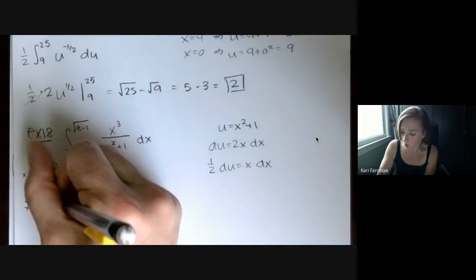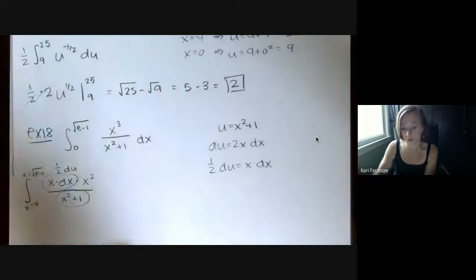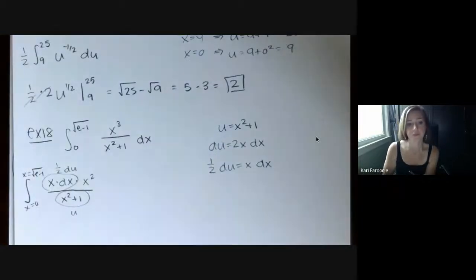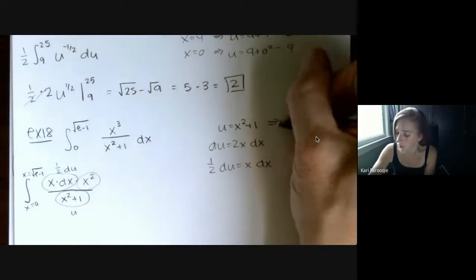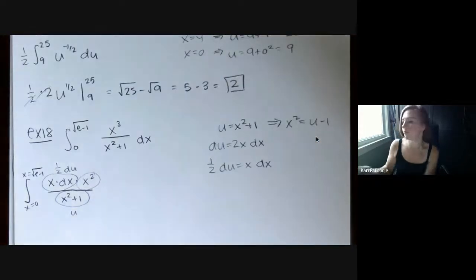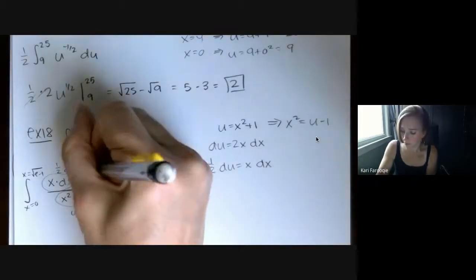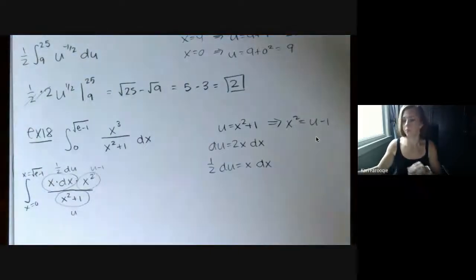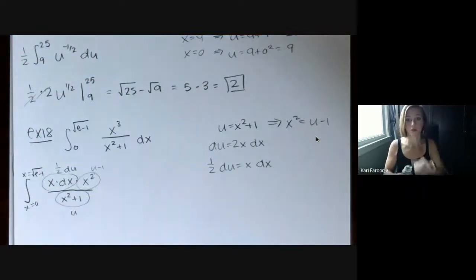And the x squared plus 1, we're letting be u. The only thing we have left to substitute now is x squared. And we can do that by saying that x squared is u minus 1, just by solving for x squared.